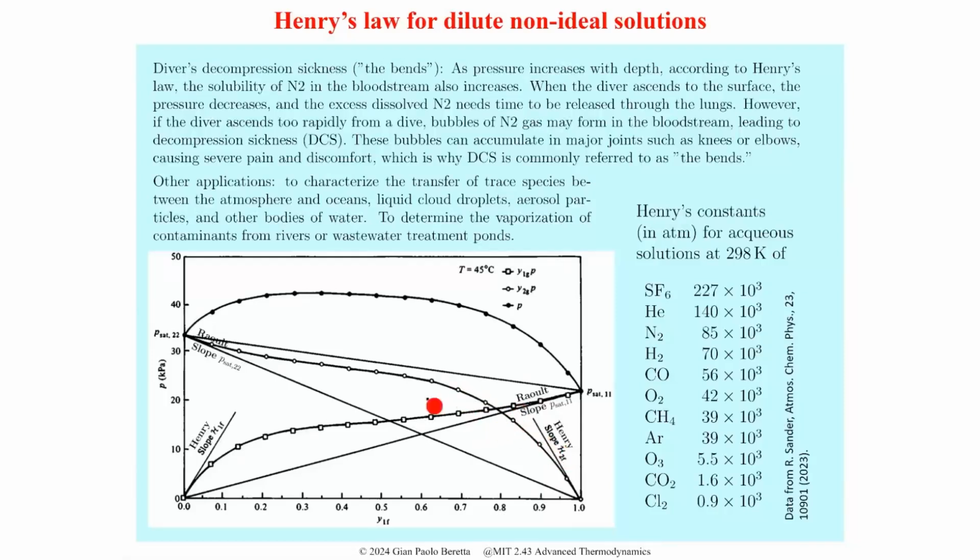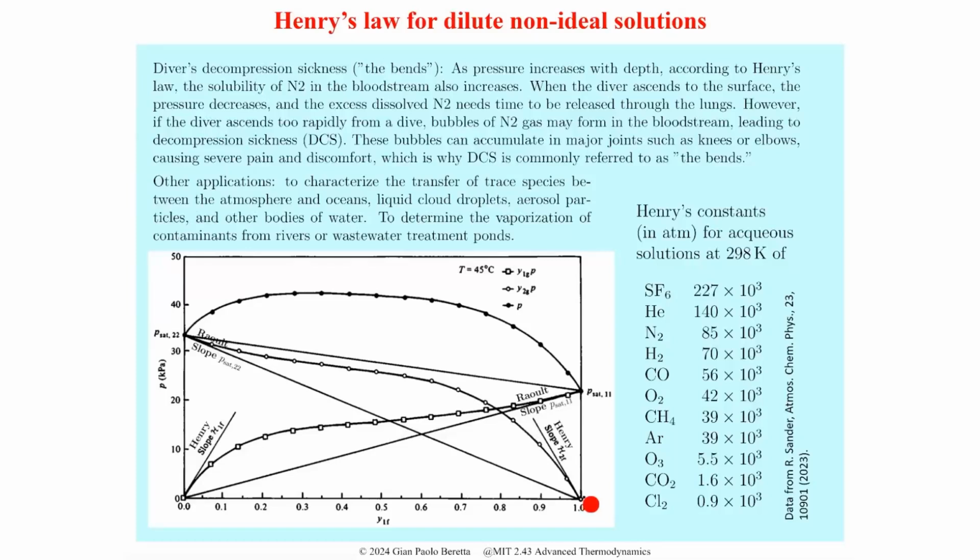From the graphic point of view, suppose this one is the mole fraction of the solvent. Say that we are talking about water. So the dilute limit is in this area. So the mole fraction of water is very close to 1, and so what is missing to get to 1 is the mole fraction of the solute. And suppose the solute is nitrogen.